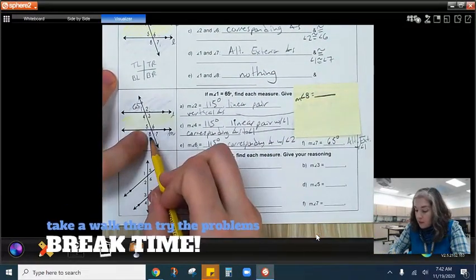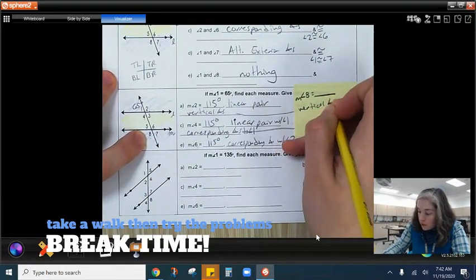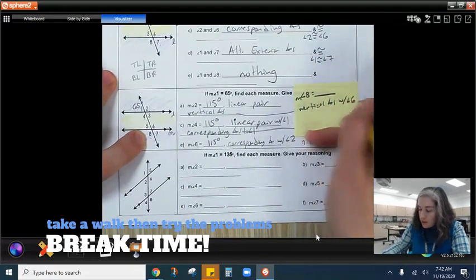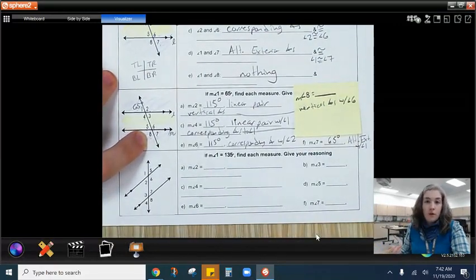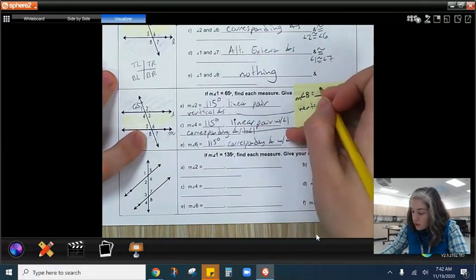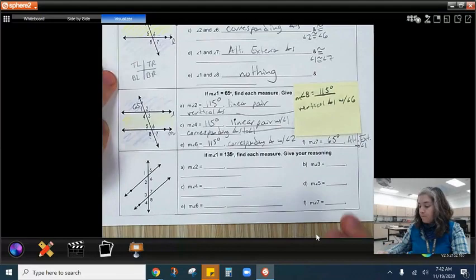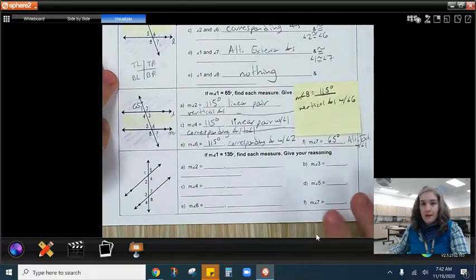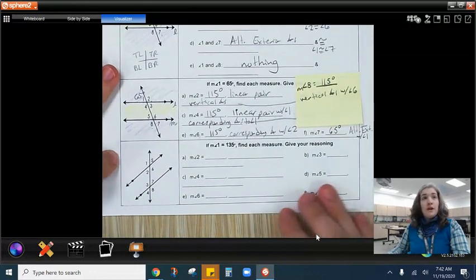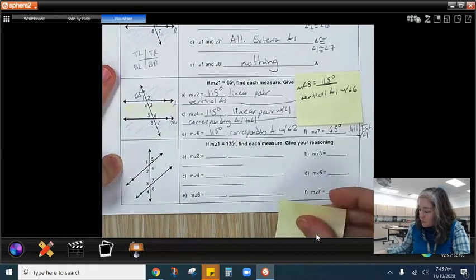So the measure of angle 8 down here, I'm just going to choose that it is vertical angles with angle 6. Vertical angles are congruent. So angle 6 and angle 8 are congruent. Angle 6 was 115 degrees. Remember, there are many relationships you can pick, especially once you figure out a couple different angles. So for our next one down here, and this one again had angle 8 got cut off, which is weird.